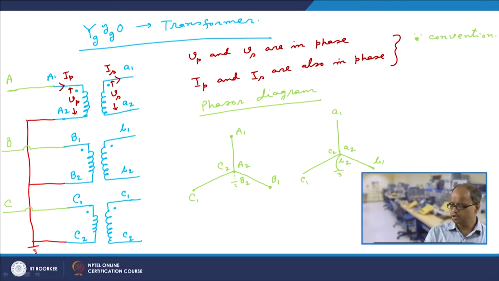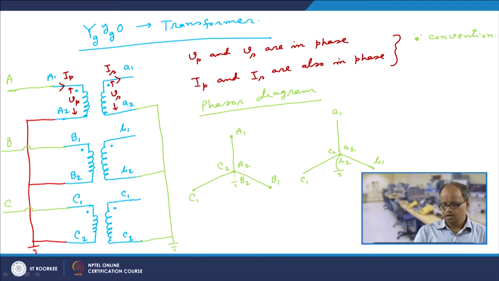So, what are we doing? From this vector diagram, essentially we are connecting A2, B2 and C2 together, and shorting those connected terminals to ground.